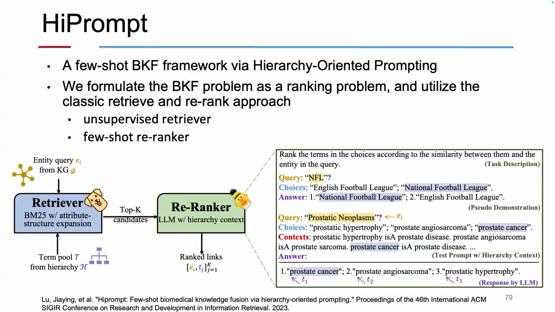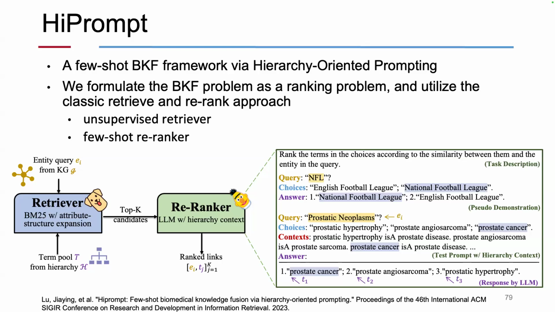So we want to use a large language model to do this, and a very intuitive idea is to take any new entity you encounter in a knowledge graph and put the whole ontology in your context window. You ask the language model which entity in the ontology is the closest to what I have here.